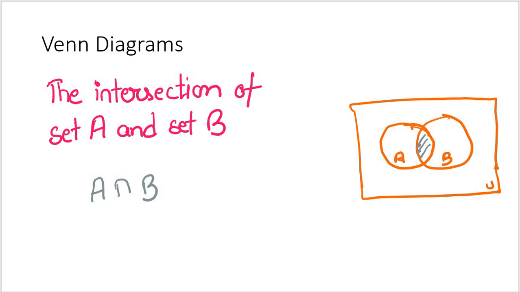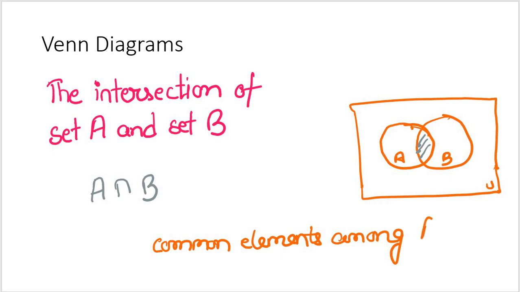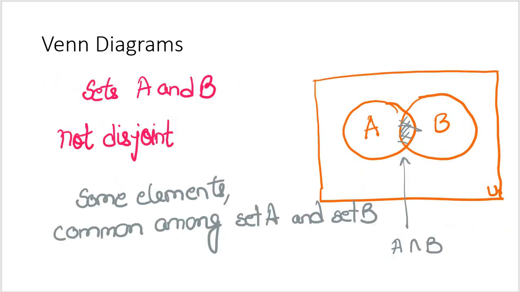That means the common elements among A and B. Once again, a very basic set operation and a very basic diagram, just like we had covered informally in this part, where we said that okay, this is going to be my A intersection B.